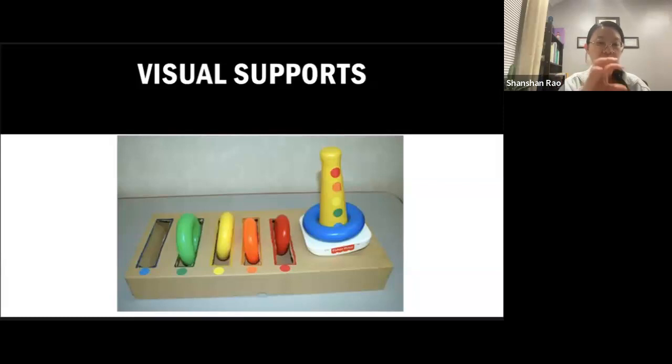Even if you're going to use hand over hand support for him, it's very easy for you to teach because everything is set up. So again, antecedent intervention is us getting that instructional control. We are designing the environment. We are designing the toys so we can eliminate the errors a student can make.